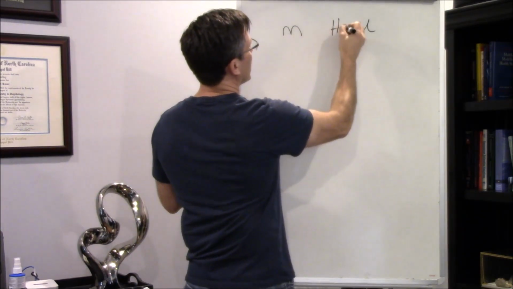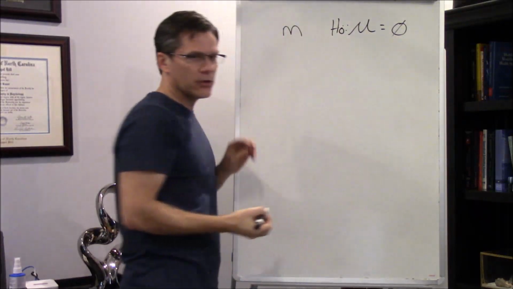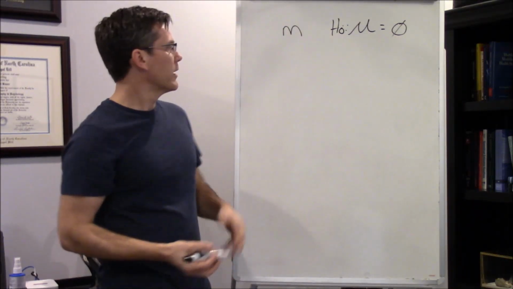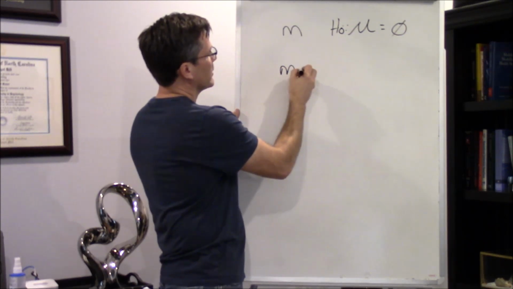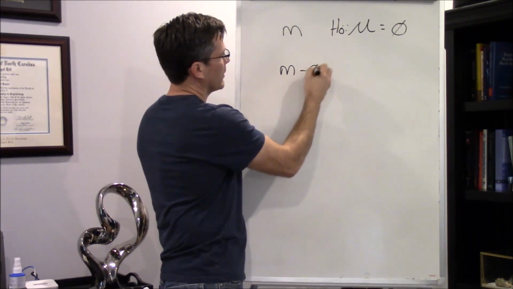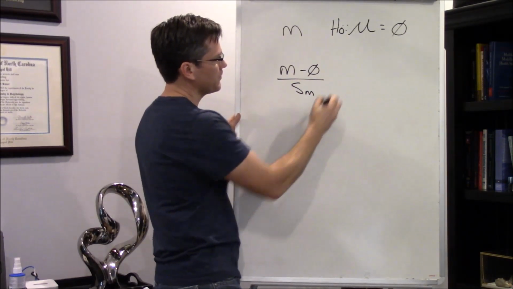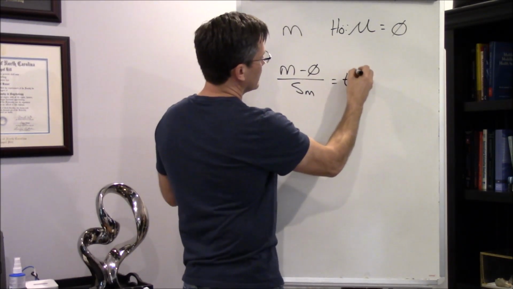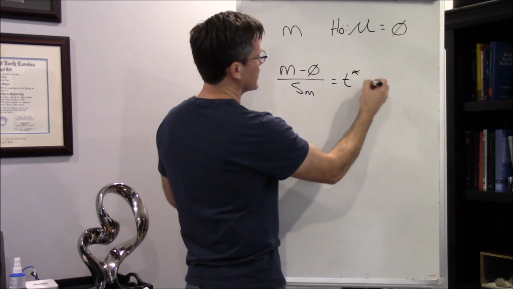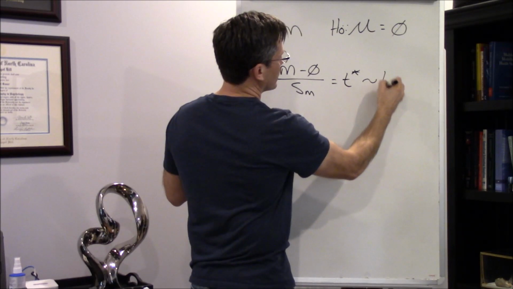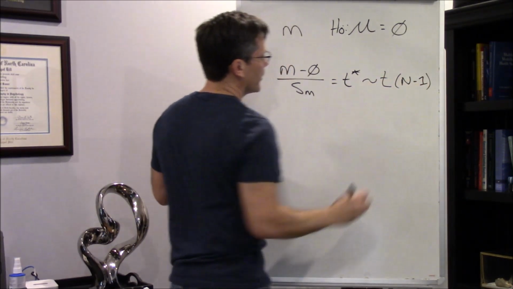Our null hypothesis might be that the mean is 0 in the population. In our one-sample t-test, we take our sample statistic M, subtract the null hypothesized value, and divide by the standard error of the mean, and we get a t statistic, we'll call it t star, which is distributed as a t with n minus 1 degrees of freedom.